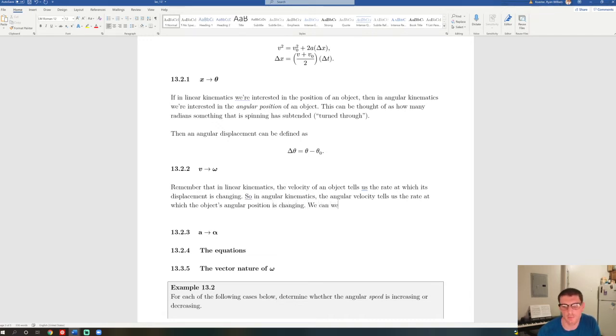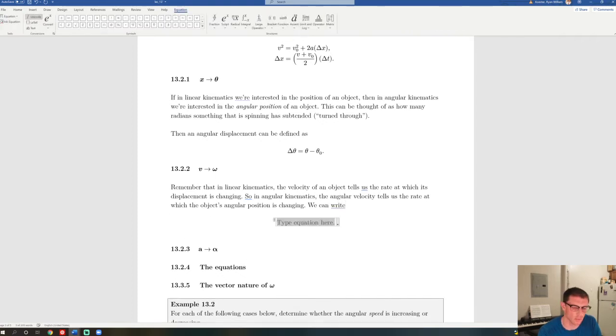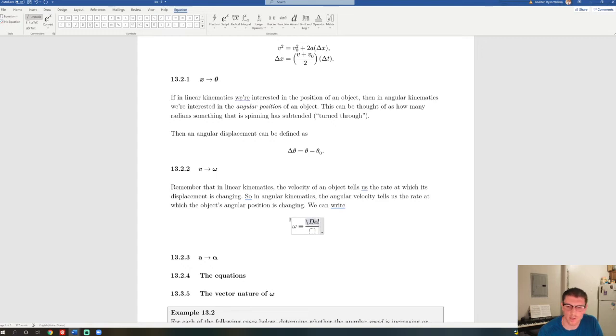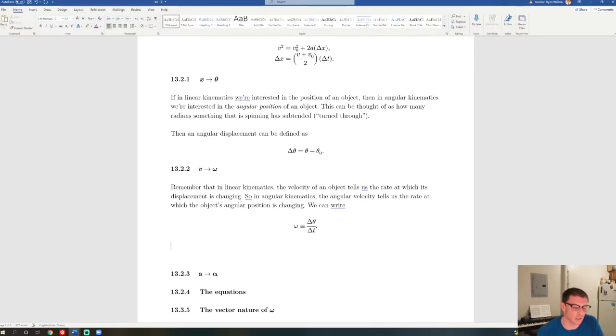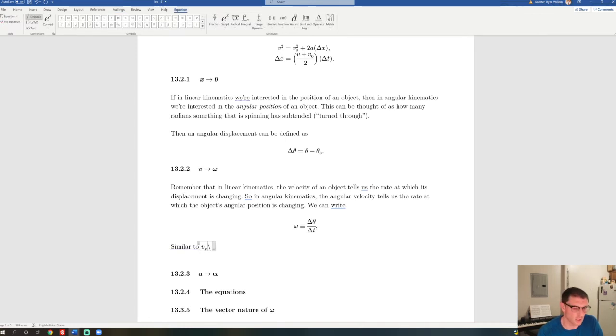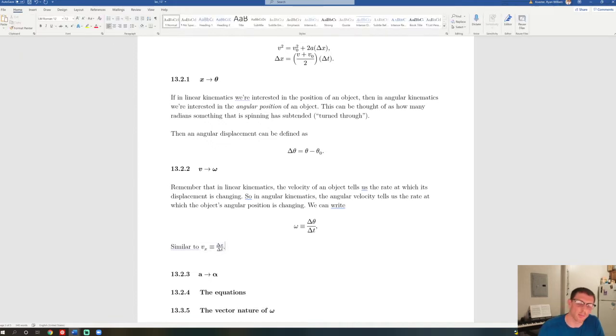So we can write, and this is almost the exact same thing that we had for linear velocity, except we're going to have a delta theta on top instead of a delta x, but it will still be over some time interval, delta t, right? And I'm just going to say similar to, and remember that we defined, for instance, the x component of velocity to be delta x over delta t when we were talking about linear kinematics.